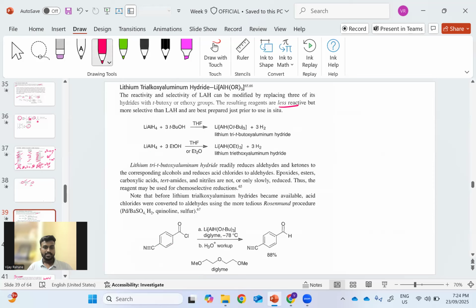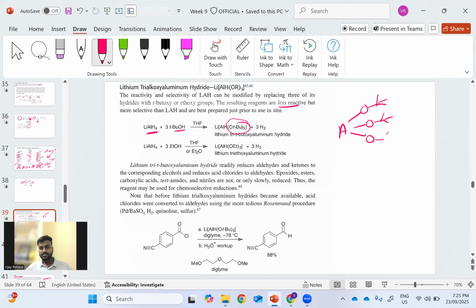And in this case, instead of four hydrides, three hydrides are substituted by the tert-butoxide group, and only one hydride is left at the aluminum center.